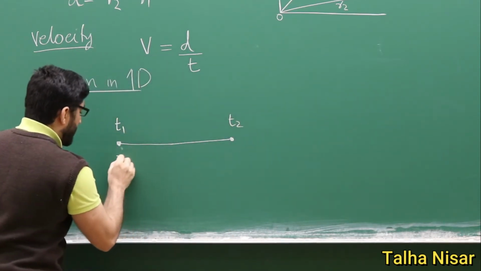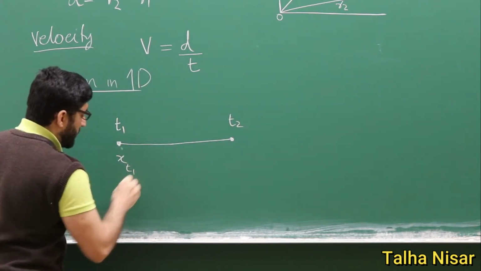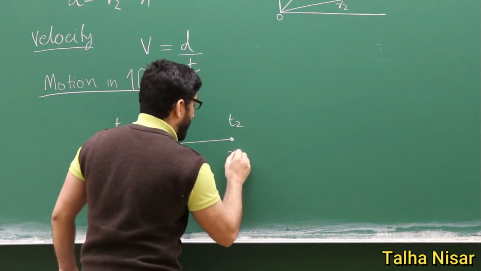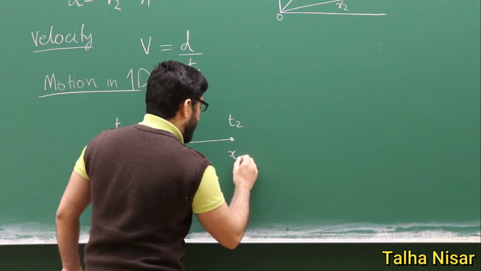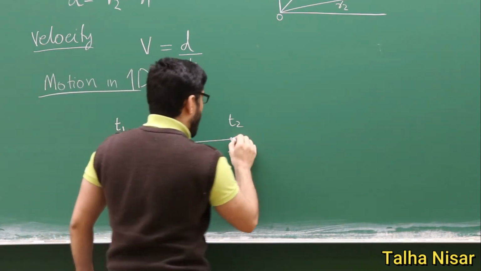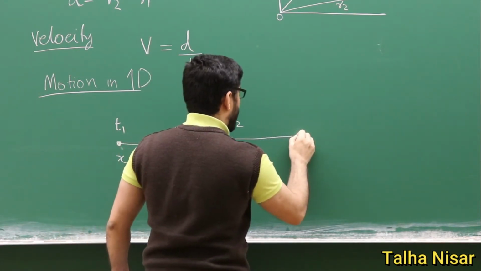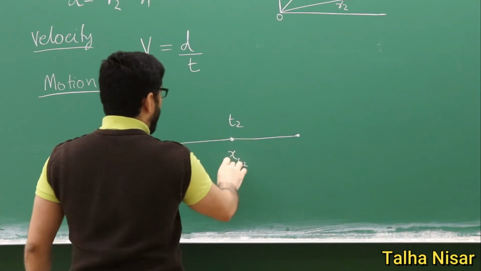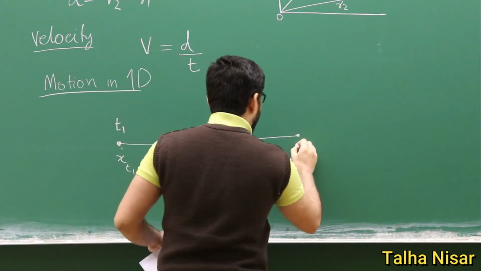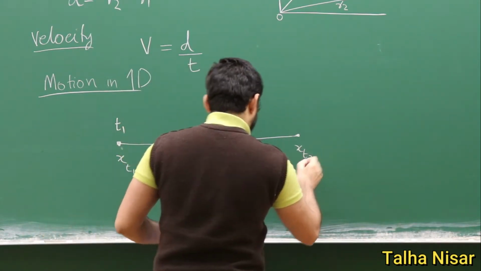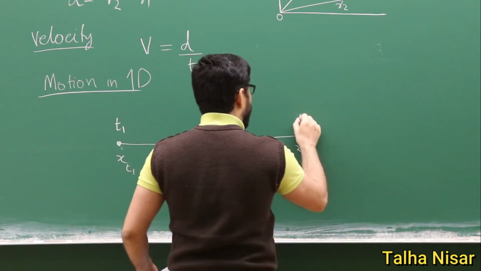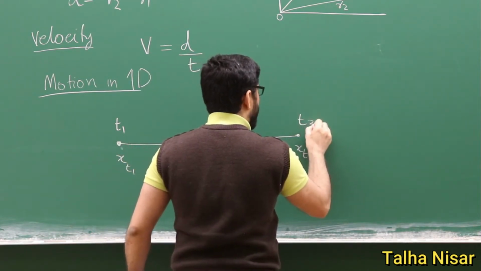Initially this is the position at time t1, this is the position at time t2, and after some time this object changes its position from x2 to x3, and this is at time t3.